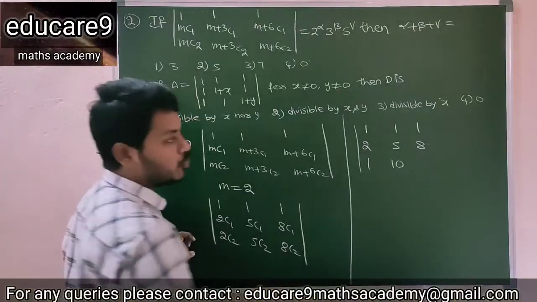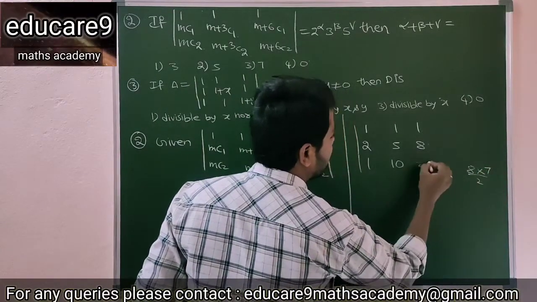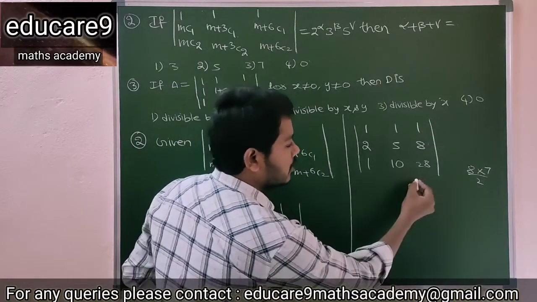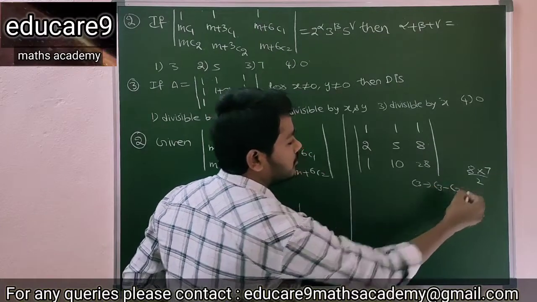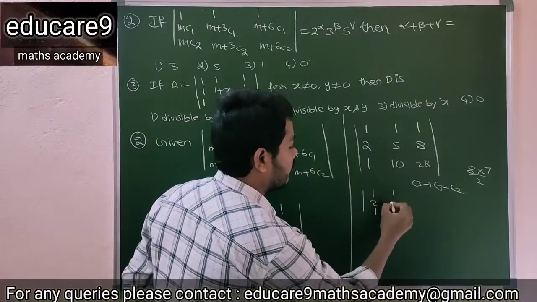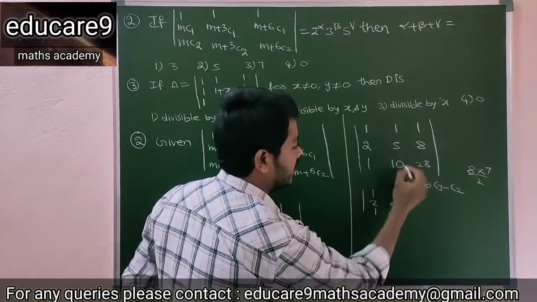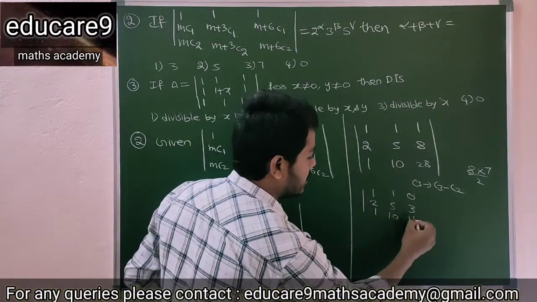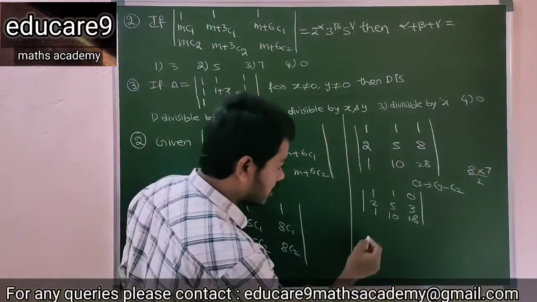Next 8C2 value, that is 8 into 7 by 2, 28. Find this determinant. See here, C3 implies C3 minus C2. So what you get? 1, 2, 1, 1, 5, 10, 1 minus 1, 0, 8 minus 5, 3, 28 minus 10, that is 18. So now find this determinant.